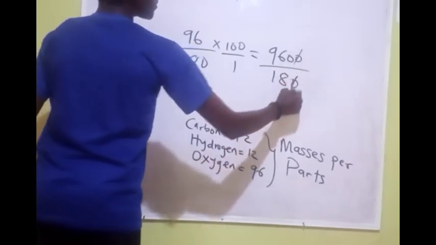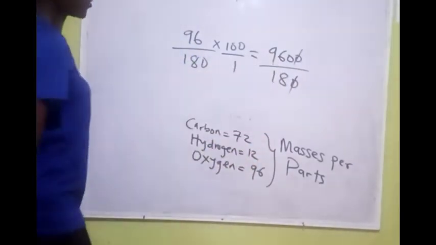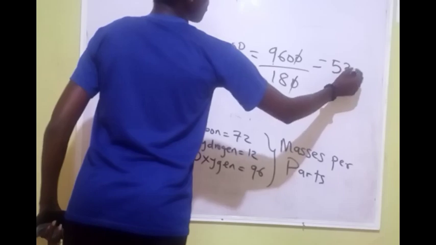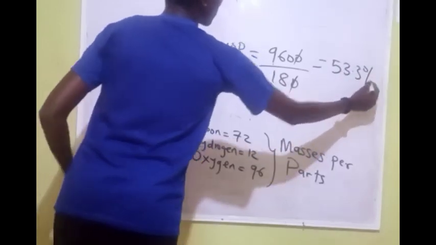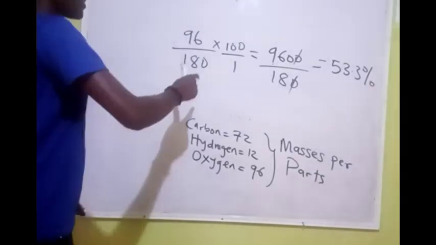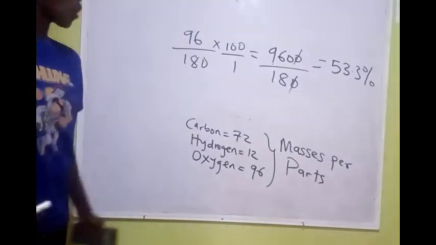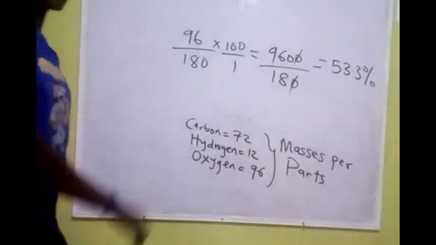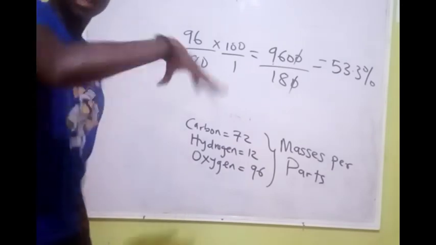Okay, 0 cancels 0, and this will give us 53.3%. So therefore the percentage by mass of oxygen in glucose is 53.3. Now with this understanding, you can solve for other elements in a compound.